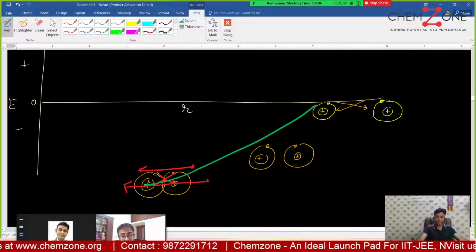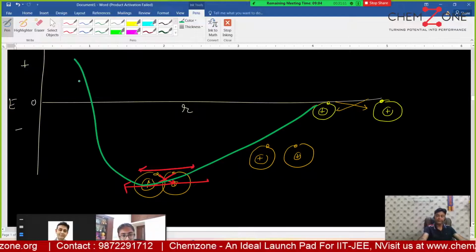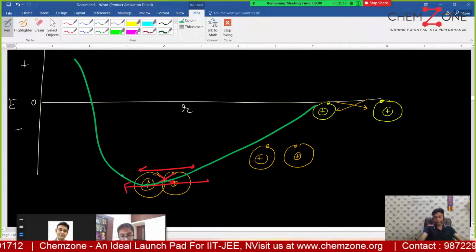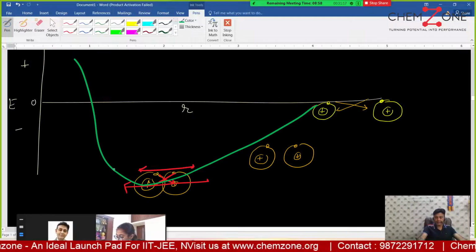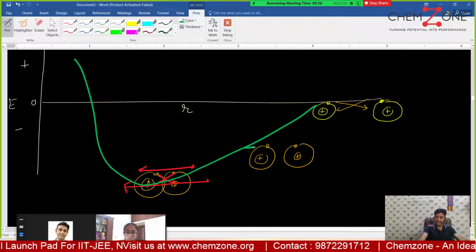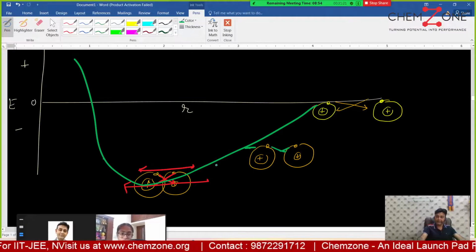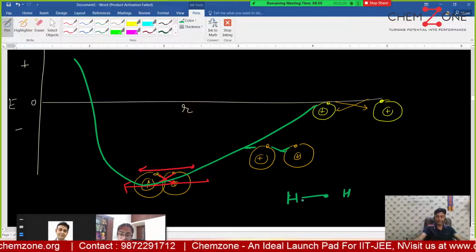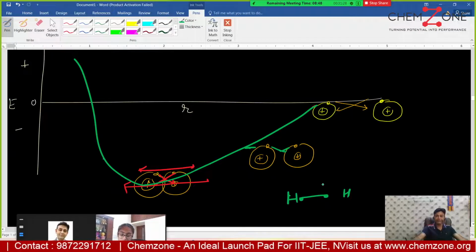If they come more close, the energy will further increase. When they repel, they go away from each other, again they attract and come closer. It means a bond between H and H does not have a fixed bond length.